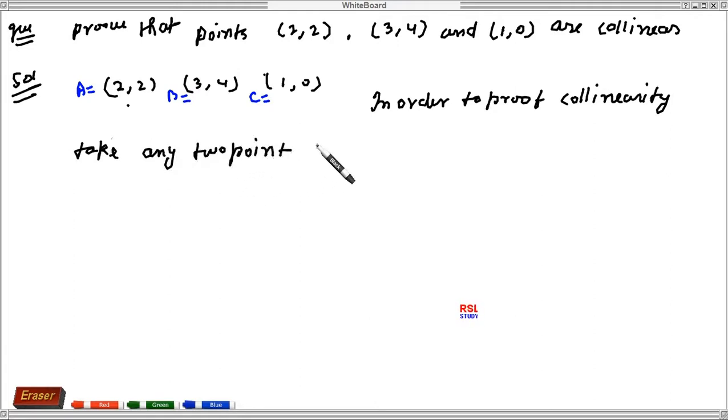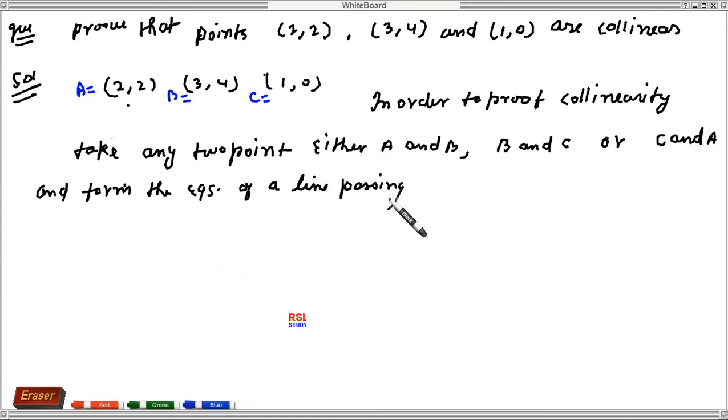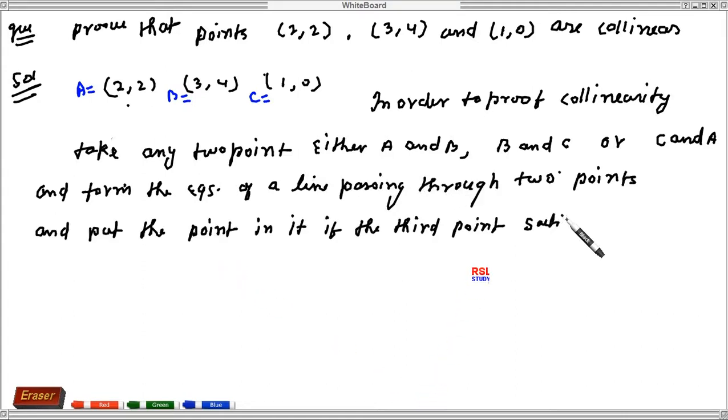Take any 2 points, either A and B, or B and C, or C and A. Form the equation of a line passing through those 2 points, and put the third point in it.